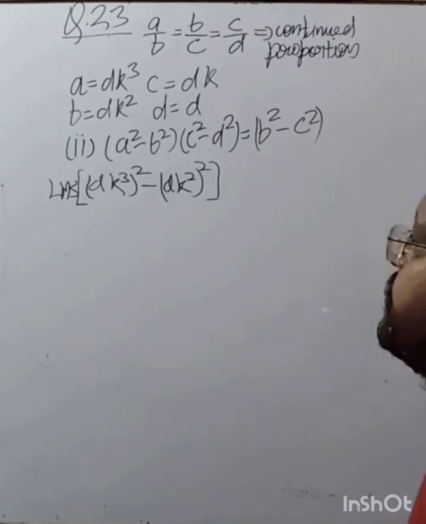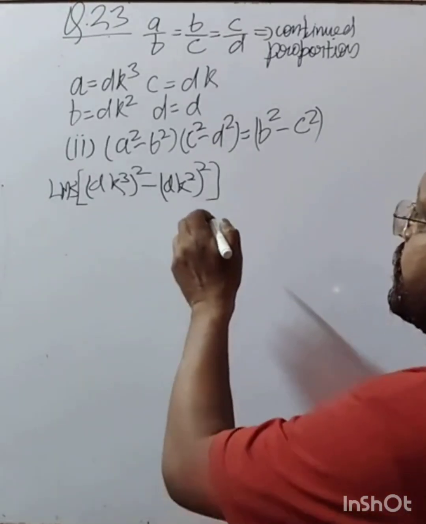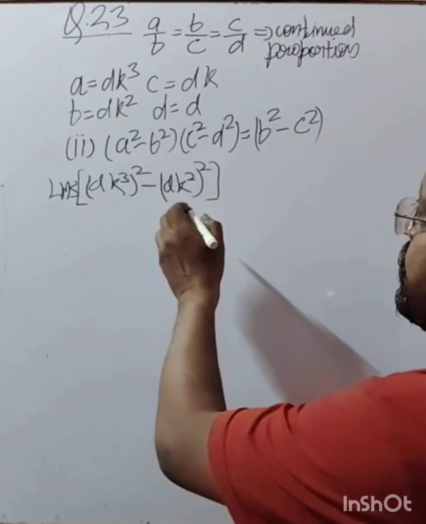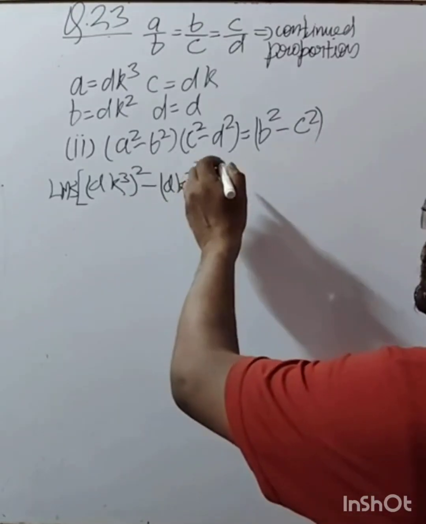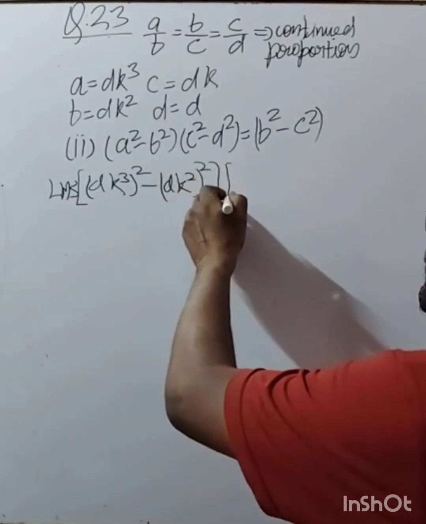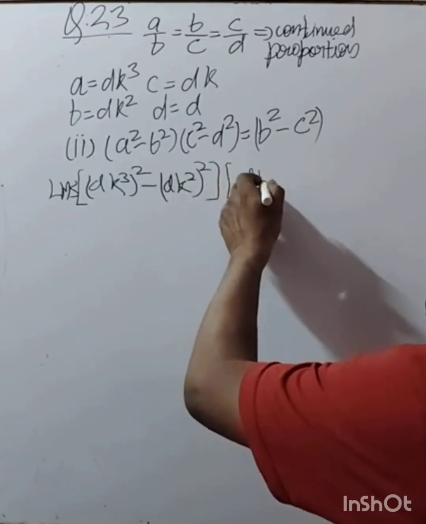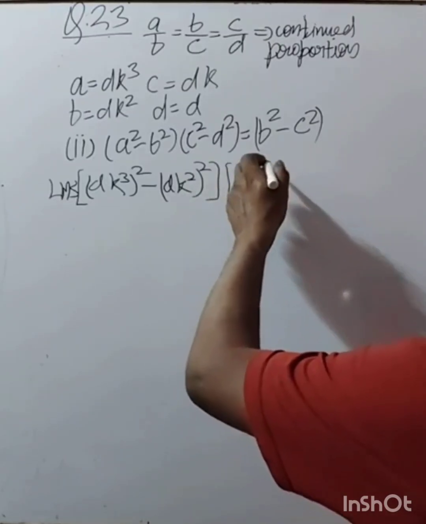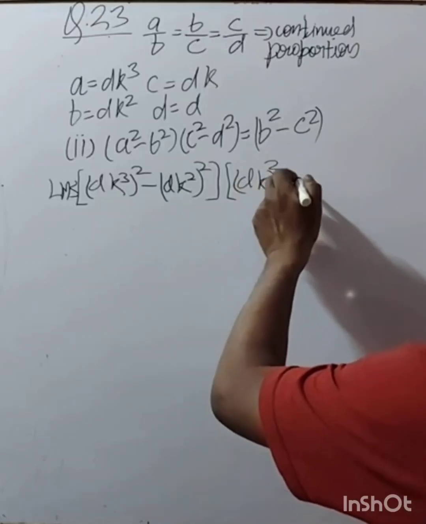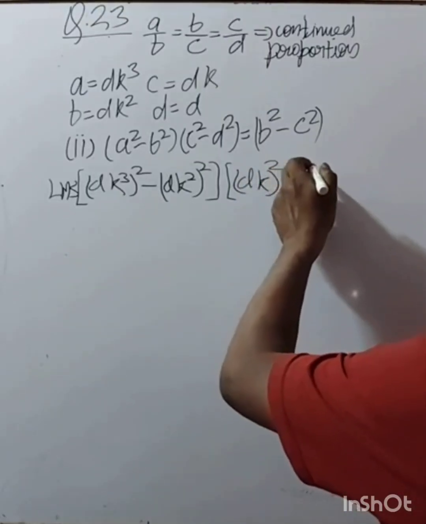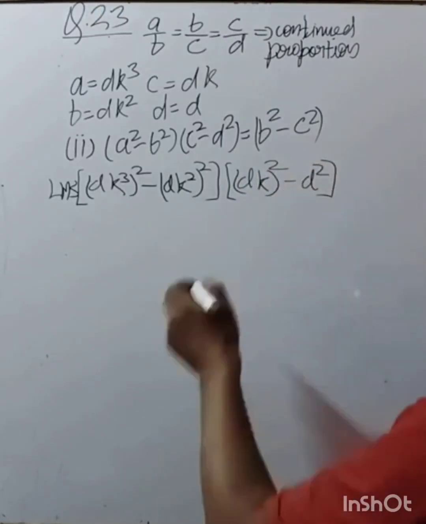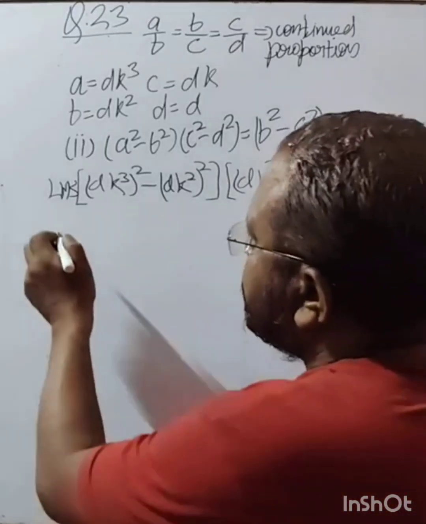Right. So then we have (dk) whole square minus d square. Okay. So what do you get?